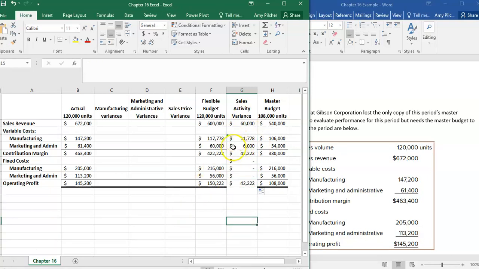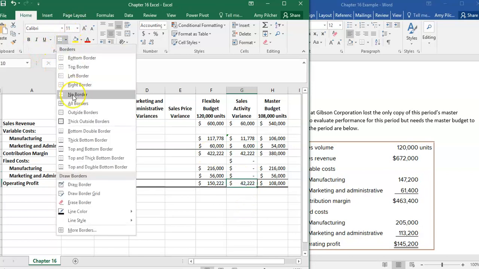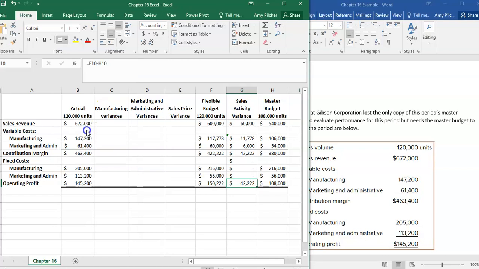That gives us our sales activity variance. So this variance should be an unfavorable variance.